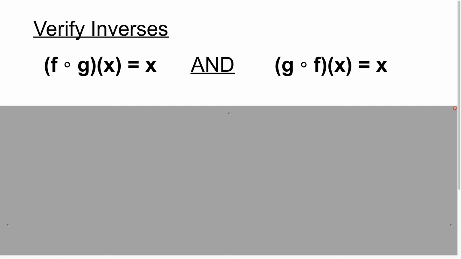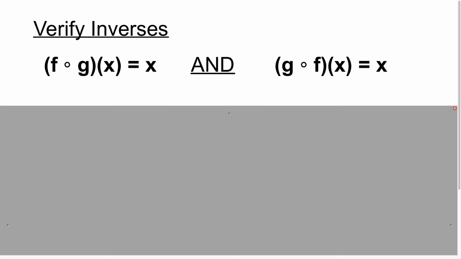If we took one equation and switched x and y and solved for y, and it was the same as the other equation, couldn't we say they were inverses? Or what if we graphed both of them and saw that they were a reflection in the line y equals x? Wouldn't that show that they were inverses too?